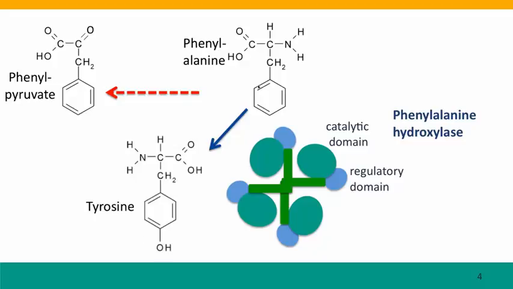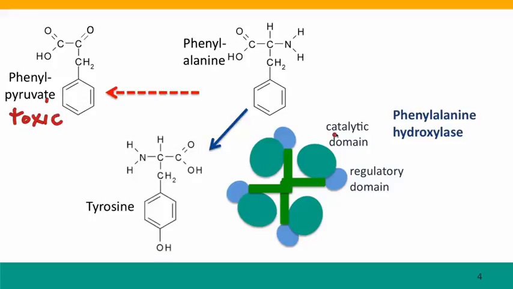But if too much phenylalanine accumulates in the cell, phenylalanine will instead be converted to the toxic molecule phenylpyruvate. In cells in infants that have a mutation blocking the activity of phenylalanine hydroxylase, we get the disease phenylketonuria caused by the toxicity of this product.